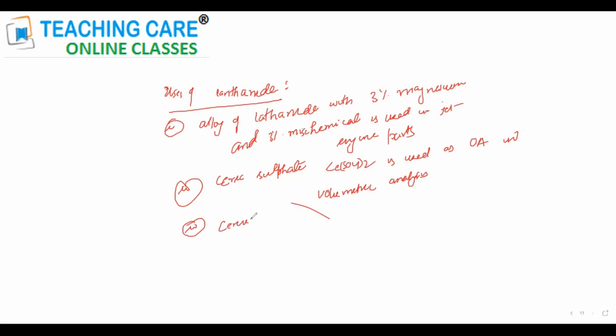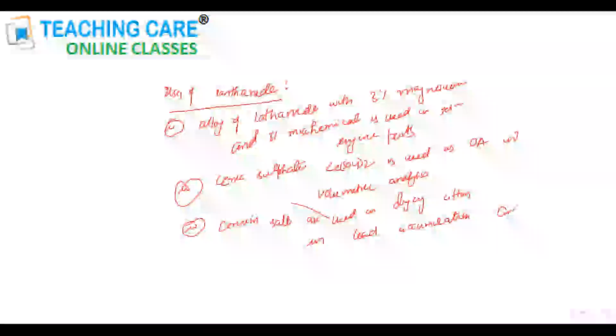Cerium salts are used in dyeing cotton, in lead accumulators, and as catalyst.